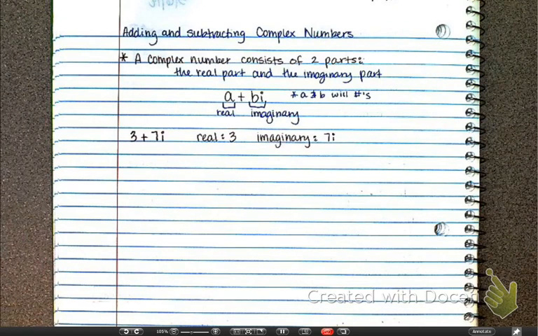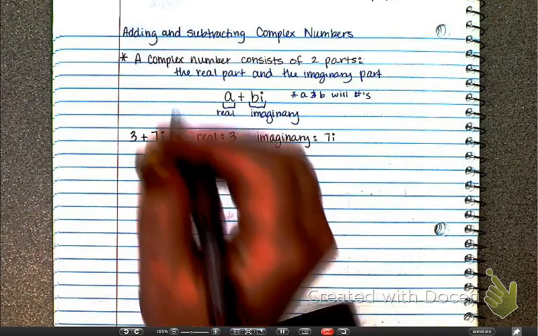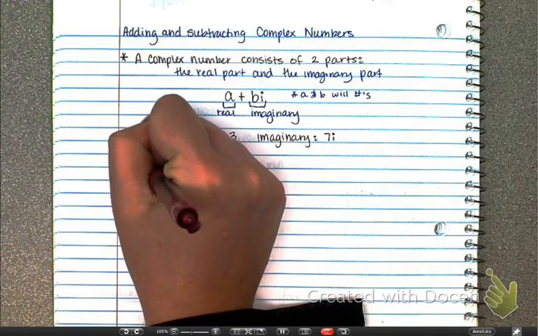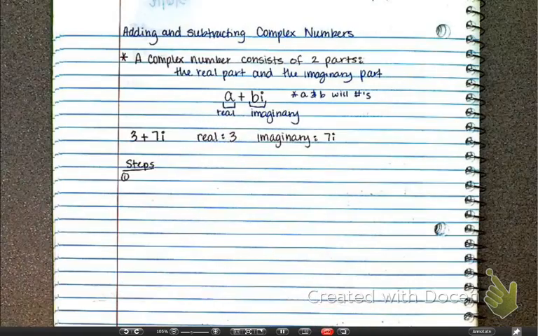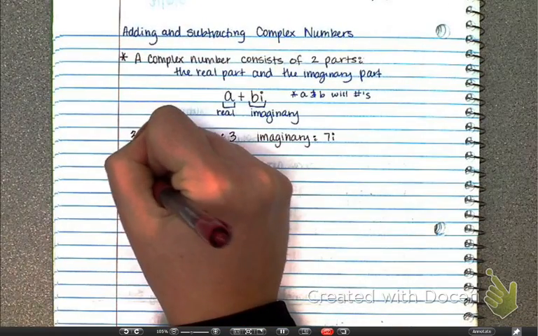Okay, so here are the steps for adding and subtracting complex numbers. Step 1, combine the real parts.